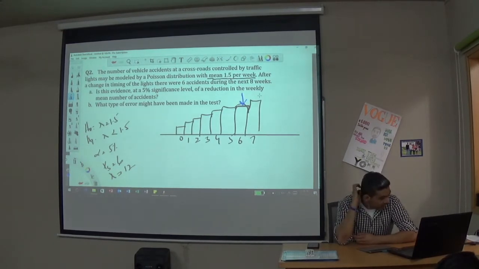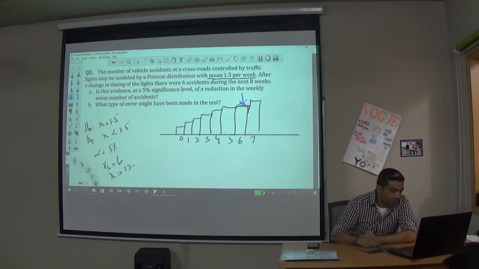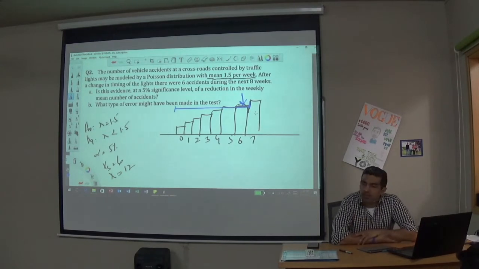Now we need to check whether we are in the rejection region or in the acceptance region. So what do we do for that? We find the probability all the way from 0 to 6 and we check whether we are less than 5% or more than 5%.